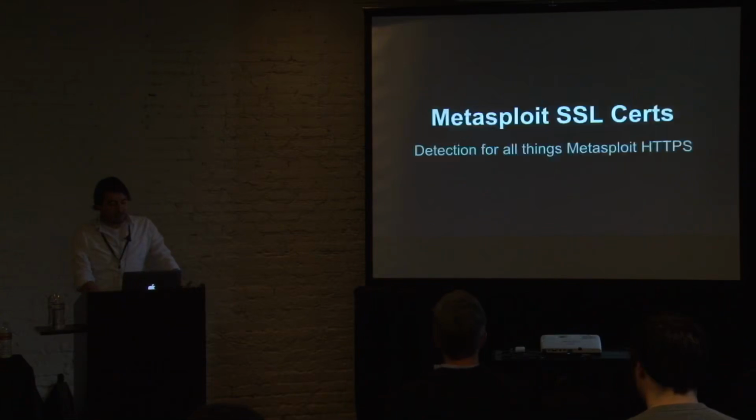I wanted to go after Metasploit, specifically Metasploit's randomly generated SSL certs, because every time you load up Metasploit and do something over SSL, like Meterpreter reverse HTTPS or browser autopwn, it randomly generates a brand new cert every time, which is really cool.